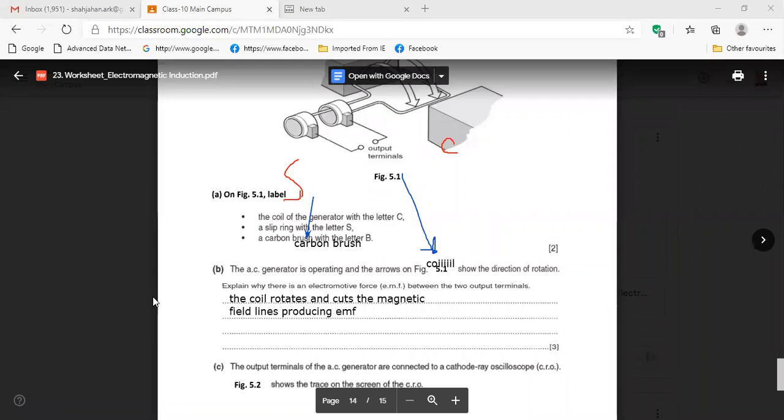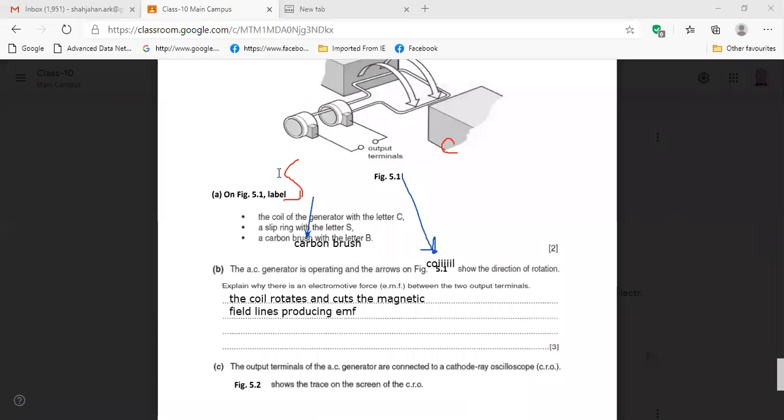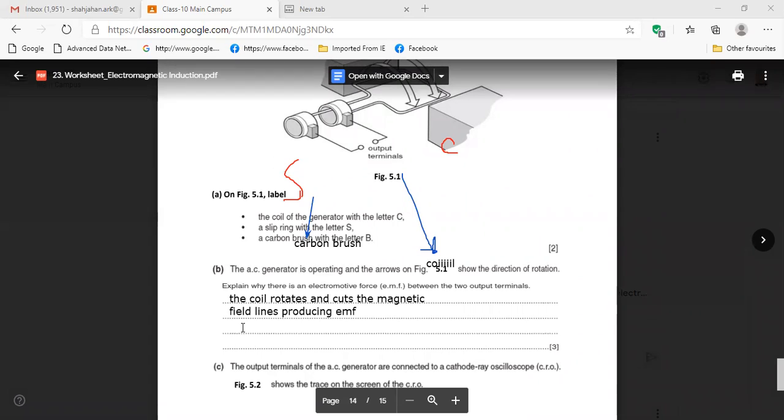After your writing, you add another thing with this: carbon brushes rub against slip rings.